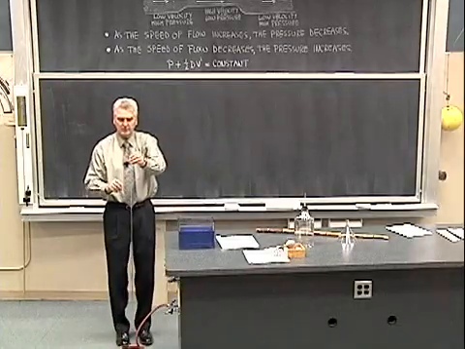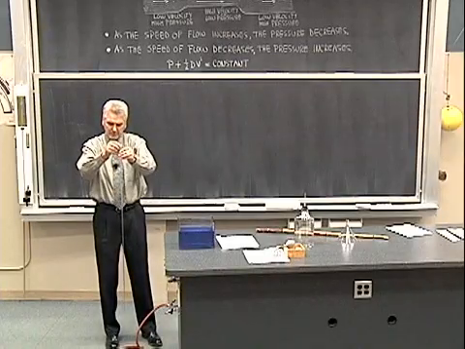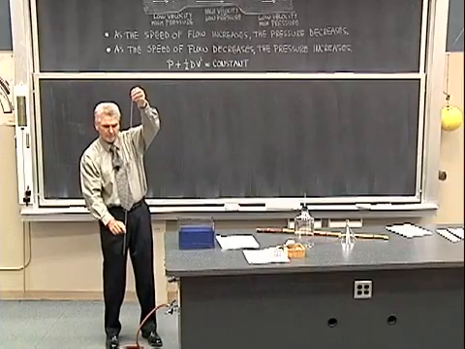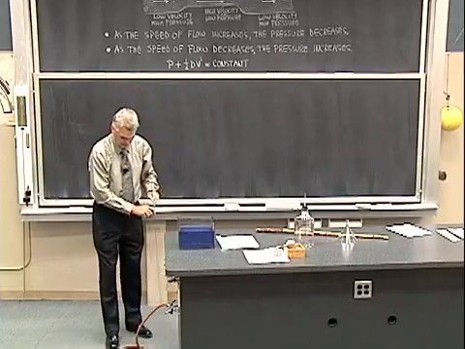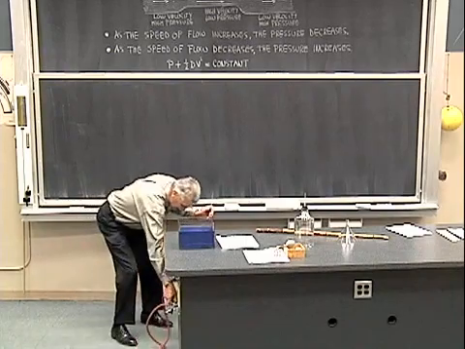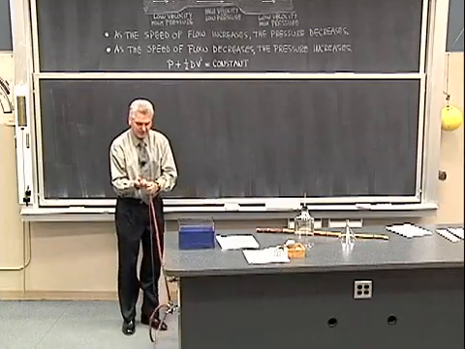So I'm going to increase the velocity over the top of this tube, reducing the pressure. That'll reduce the pressure all the way down through the tube, and we're going to see the water come up through the tube. Hopefully. Might need just a little higher velocity for this one.